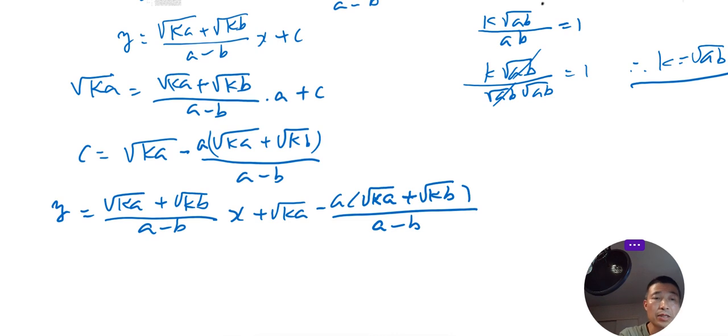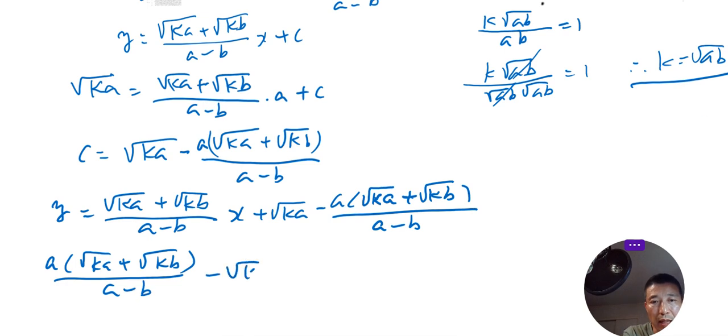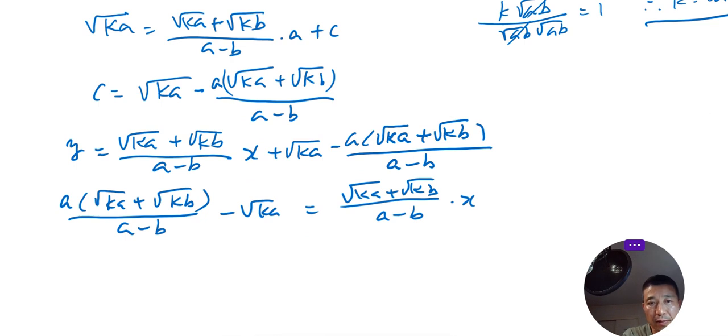So the x-intercept means when y is 0, so I'm gonna move that across, and then we find x. So what I have is a times the square root of ka plus the square root of kb over a minus b, minus the square root of ka, equals the square root of ka plus the square root of kb over a minus b, times x, isn't it? Right, I see I have to combine them.